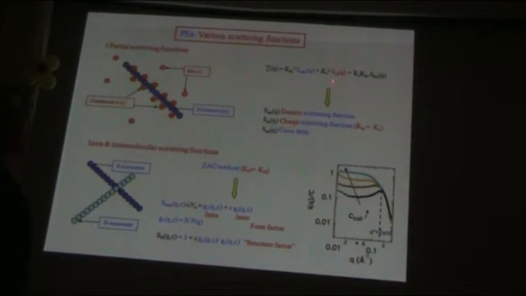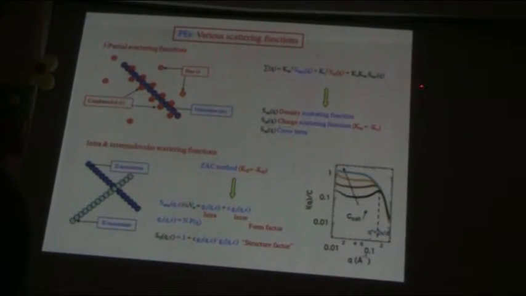Okay? So from these partial scattering functions, depending on the technique that you use, you will see mainly, for example, the macroion. That is the case if you use small angle neutron scattering. But if you use small angle X-ray scattering, you will see both the macroion but also the counterions. With small angle neutron scattering, you can also use the contrast variation method, which is very easy.